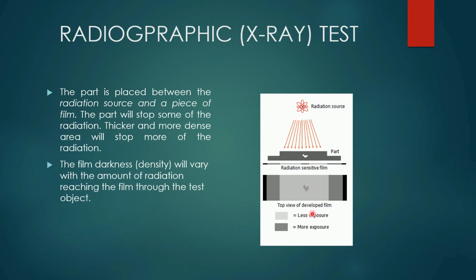So you can see over here less exposure is mentioned here and more exposure is mentioned here. So if a crack is there, then there will be less exposure, right? Because radiation is not absorbed here as compared to the adjacent part. So it is a simple kind of thing, but we cannot find out how deep it is.